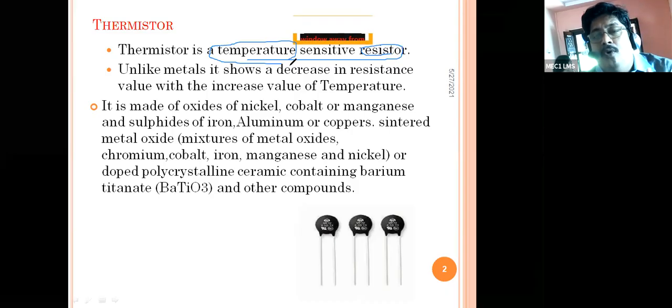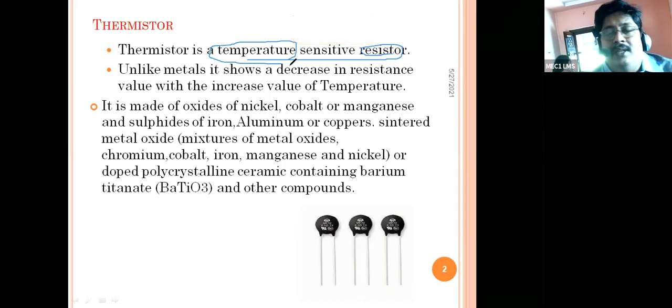When the flow of electrons takes place, this resistor opposes the flow of electrons, thereby heat, thermal energy, develops. That's why we can call it a thermistor.